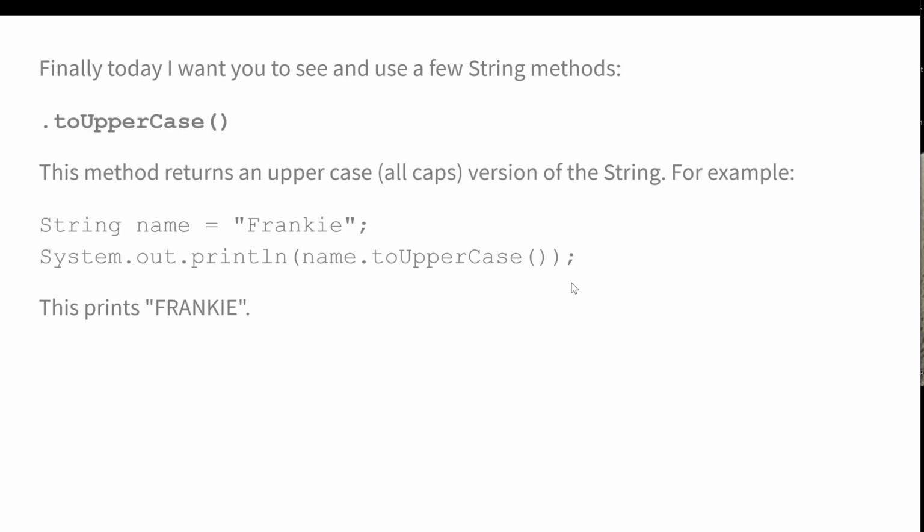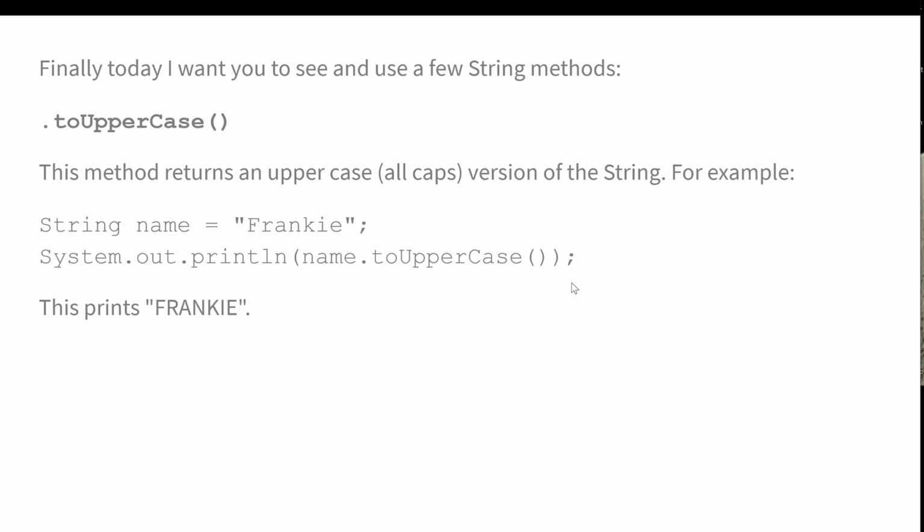And finally, for today, I'm going to show you some methods. So I already showed you to uppercase, kind of, but I'm going to show you officially here. It returns an uppercase, all caps version of whatever variable you're using the method on. So in this case, I said string name equals Frankie, system.out.println, name.toUpperCase.